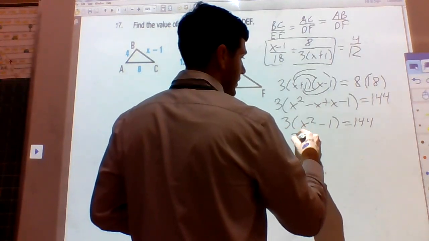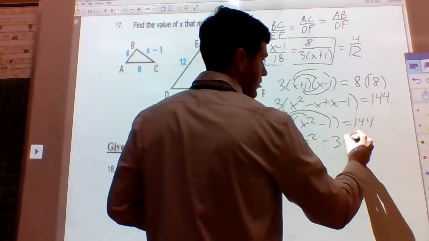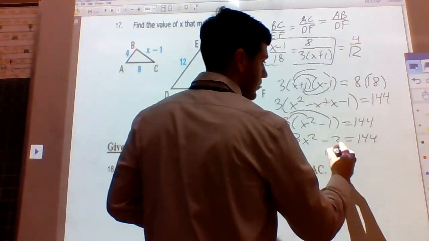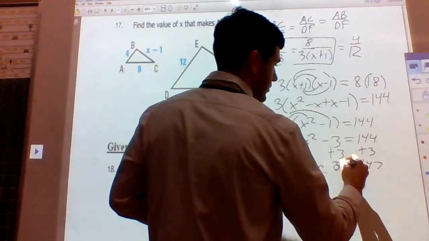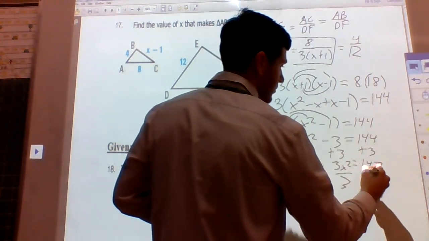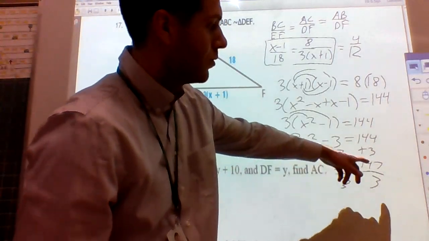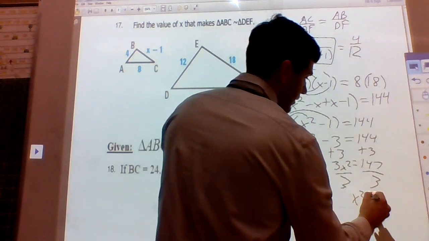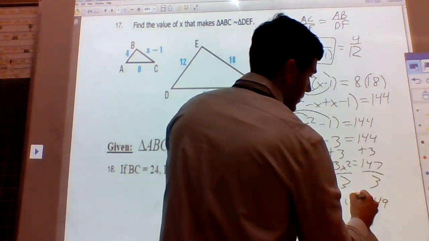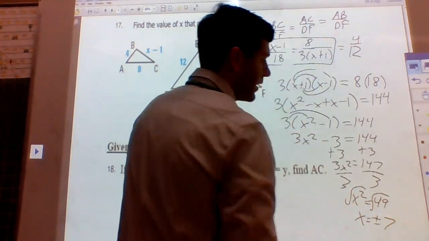So we'll have 3x squared minus 3 equals 144. And then let's add 3 to both sides. 147, that's 3x squared is 147. Now let's divide by 3. I know 150 divided by 3 is 50, so 147 divided by 3 is just going to be 49. So we have x squared equals 49. Take the square root of both sides, we get x equals plus or minus 7.